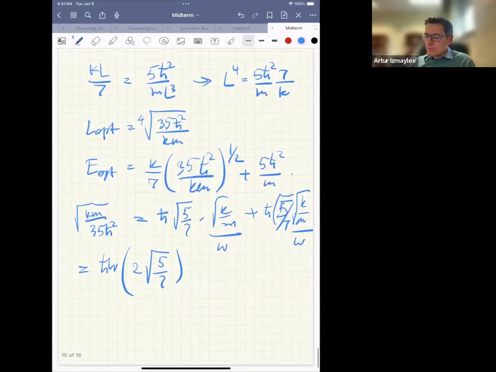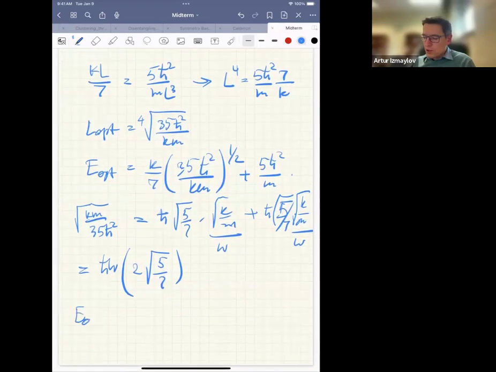And the ground state energy is h bar omega divided by 2. We clearly have more than 1/2, right? So this is more than what we call the ground state, which is in accord again with the variational theorem.